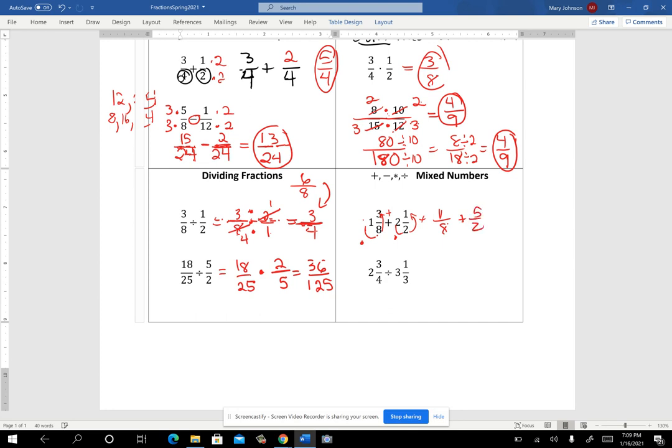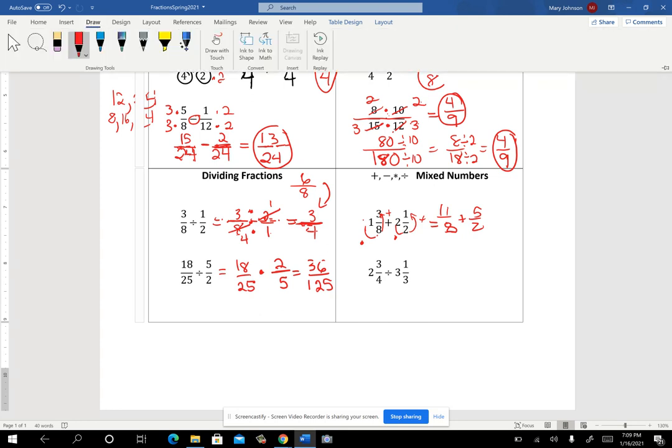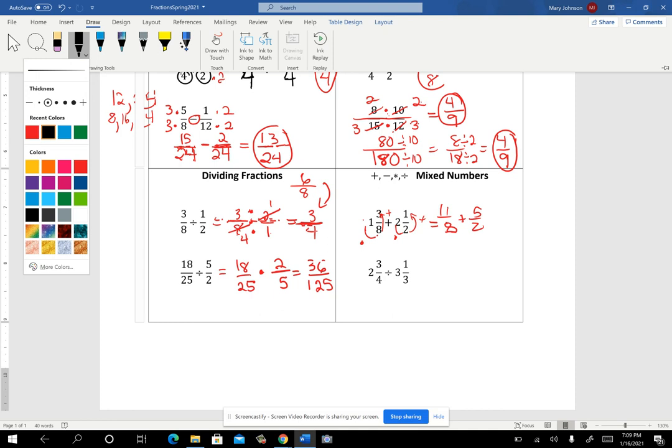So you're trying to add 11 eighths plus 5 halves. Okay, 11 eighths plus 5 halves. All right, now at that point you're adding, so you would have to get common denominators. So that's where you should think about what you have to multiply by.